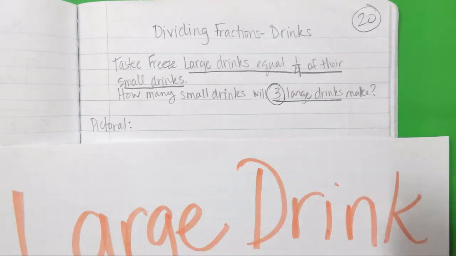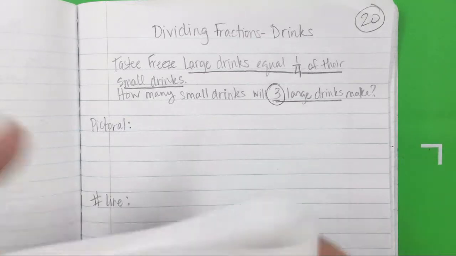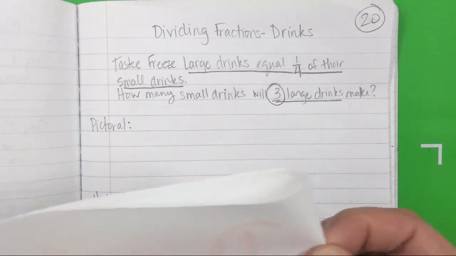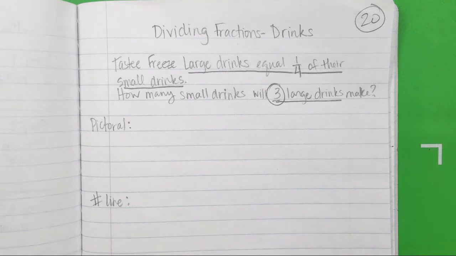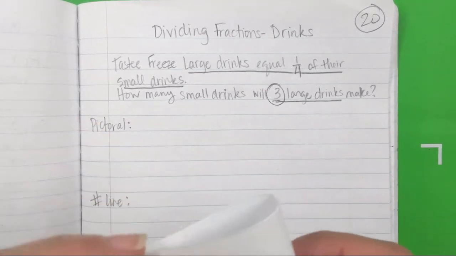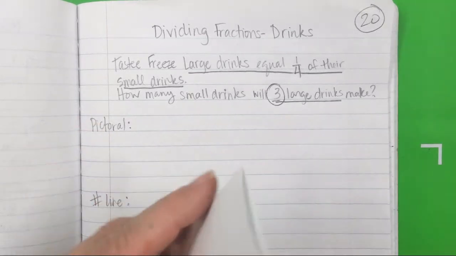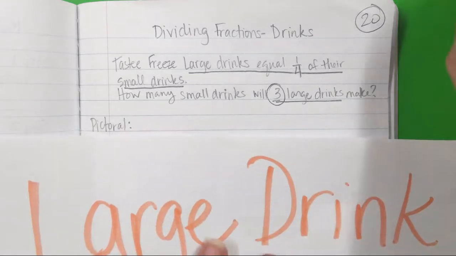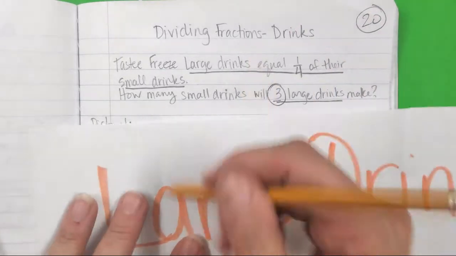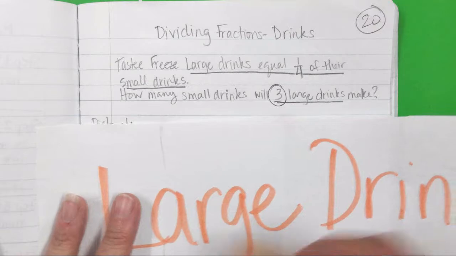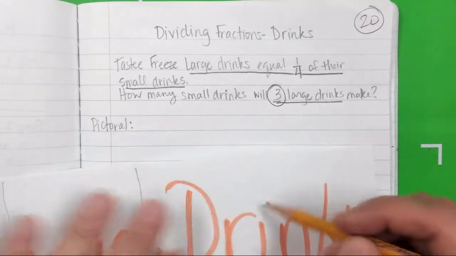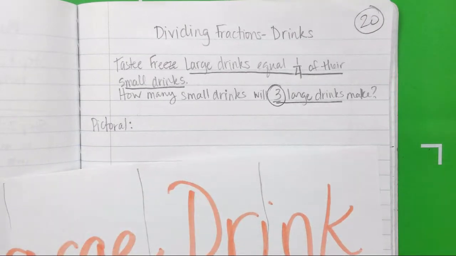So I've got to take this large drink and split it into 4, right? I'm going to fold it in half, and then fold it in half again. Because when I open it, I then have 4 sections, right?